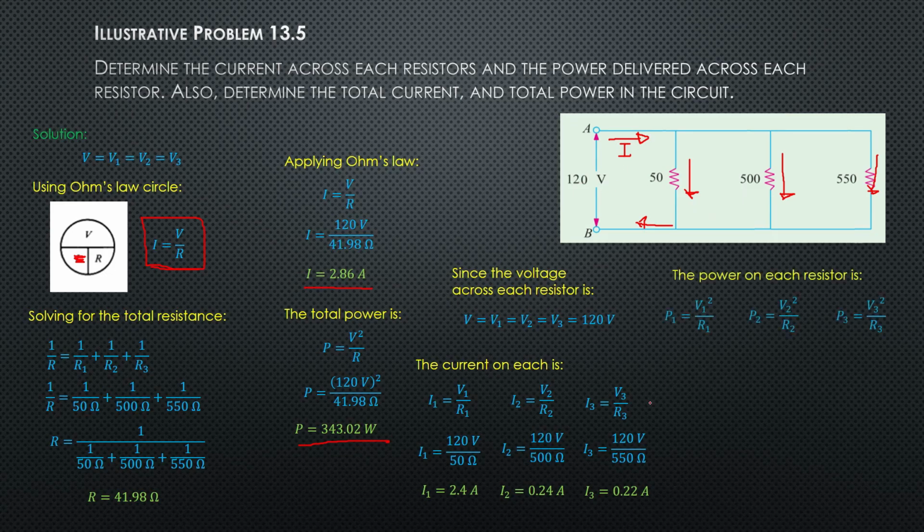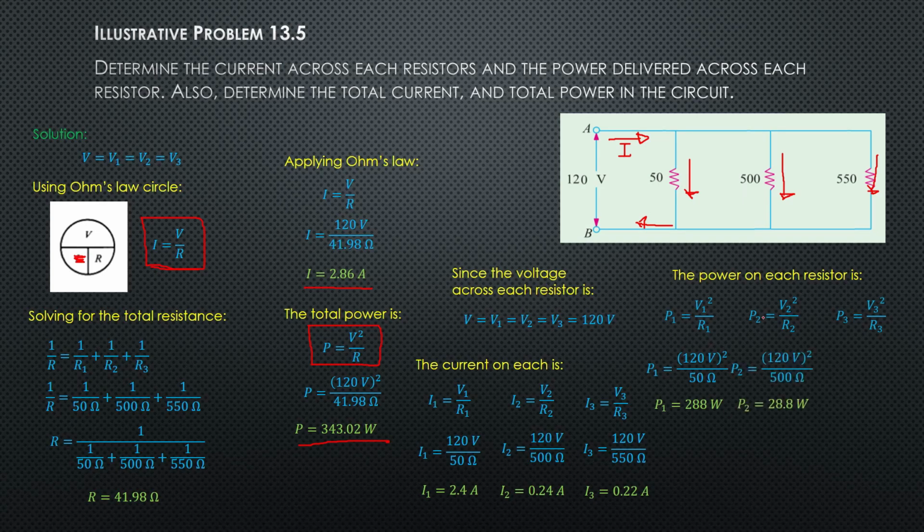Okay, now the power on each resistor will be equal to V squared over R, using this formula. So voltage is 120, resistance 1 is 50, then that is 288 watts.